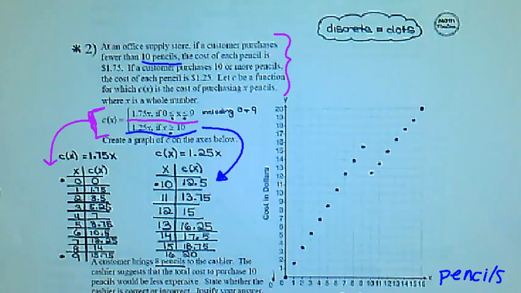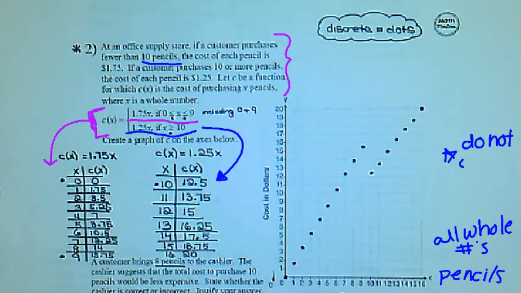So this is going to be all whole numbers. So do not connect the points. This is called a discrete graph, which means that they're just going to be a bunch of dots. So all you're doing is you're plotting these coordinates.